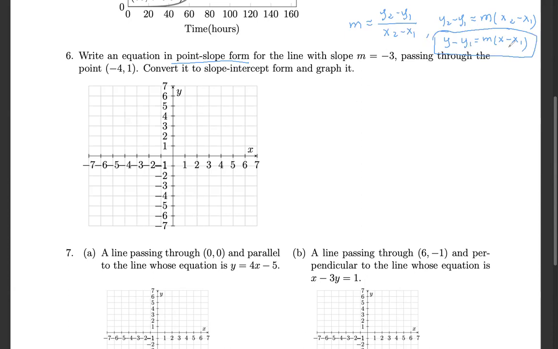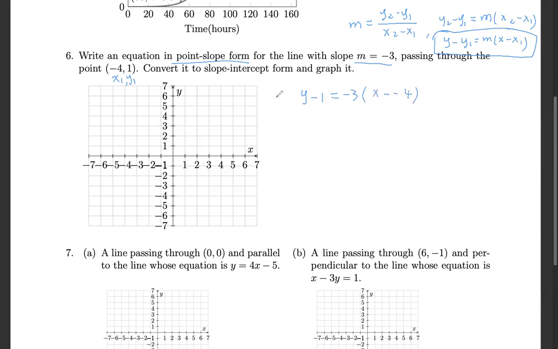Here x1, y1 is a point, and x comma y is a representative for any point on the line. We're given m equals -3, and we're given this point, x1 is -4 and y1 is 1. So we write y minus 1 equals -3 times x minus -4.